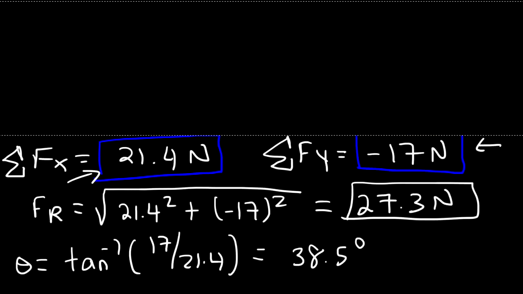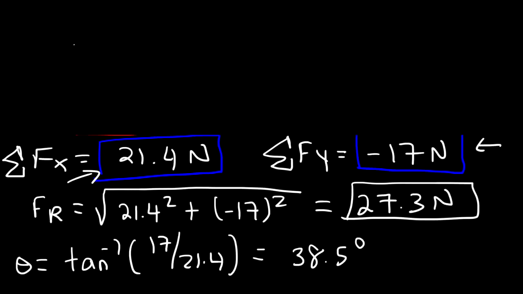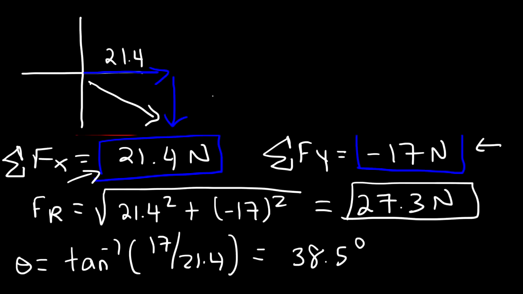Now let's draw a picture. So F of x is positive, F of y is negative. So the resultant force vector is going to be in quadrant 4. So this is 21.4, and this is negative 17, and the hypotenuse is 27.3. Now the reference angle is 38.5.